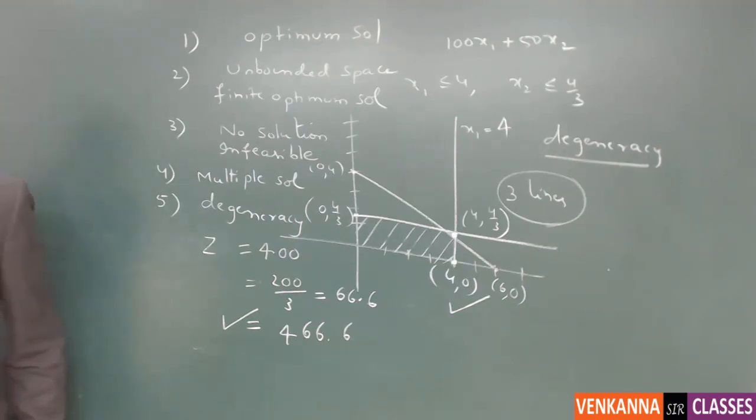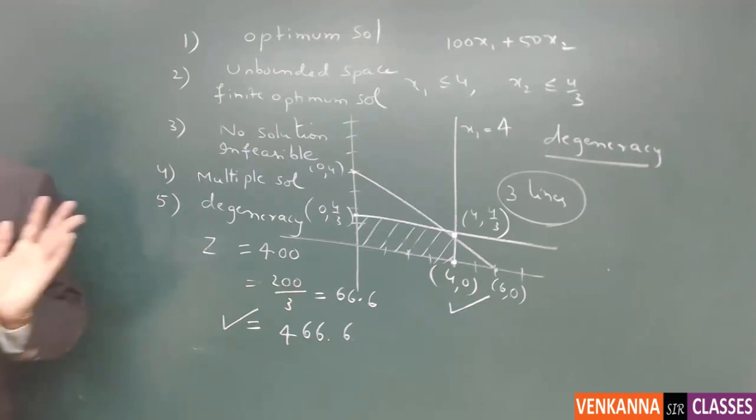Please understand the context that degeneracy means the point of intersection is obtained by means of more than two lines, exactly three. So if a solution is obtained by means of the intersection of three lines or more, that situation we call degeneracy. Fine?